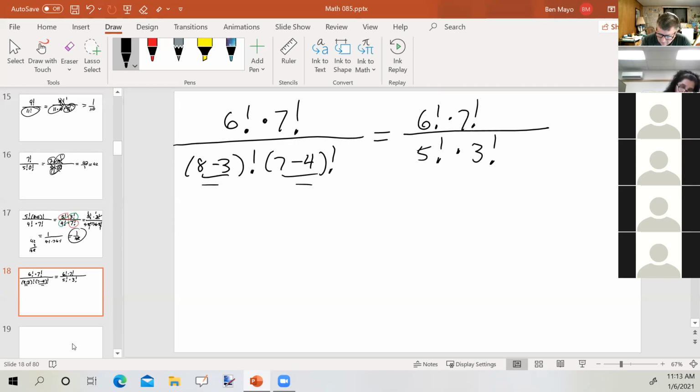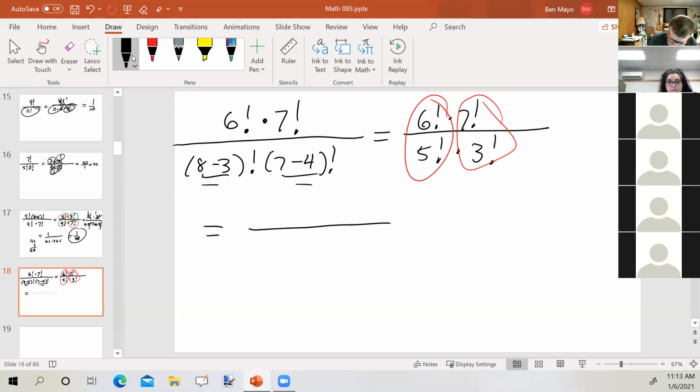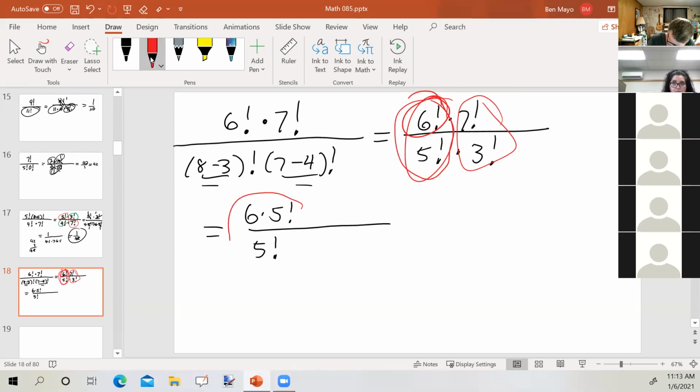I can take the 5 factorial in the denominator out of the 6 factorial, so I'll just do that. And then later I can take the 3 factorial out of the 7 factorial. So here's what I'm going to do, okay? I'm going to take this and write it as 6 times 5 factorial over the 5 factorial in the bottom. So all of this becomes that, okay?